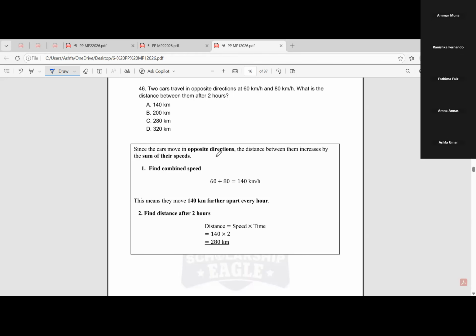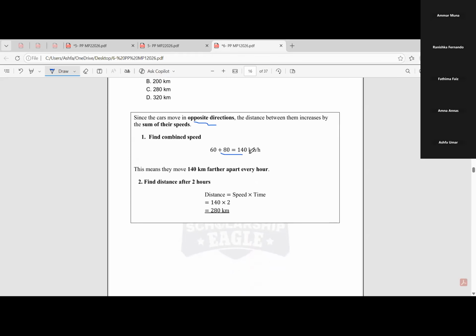Now, as the two cars are moving in opposite directions, we have to combine the two speeds, and that means they travel 140 kilometers every hour. This means they move 140 kilometers farther apart every hour.